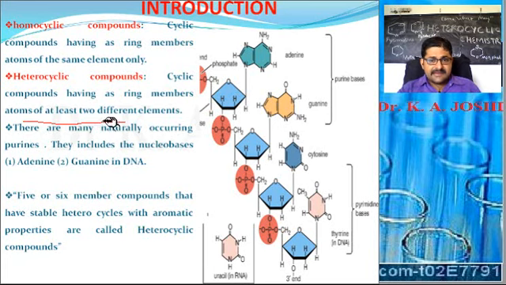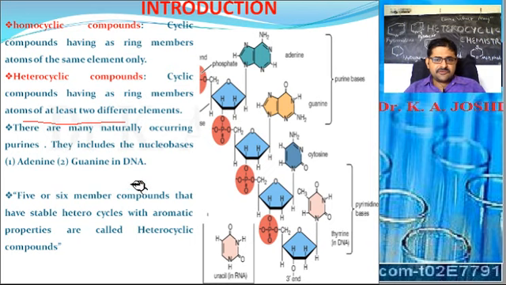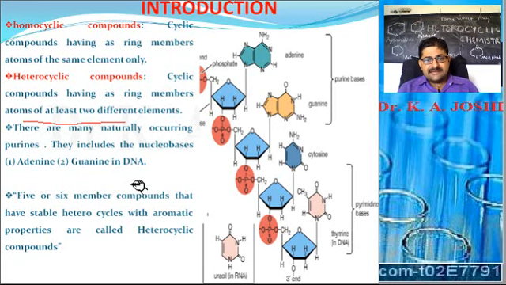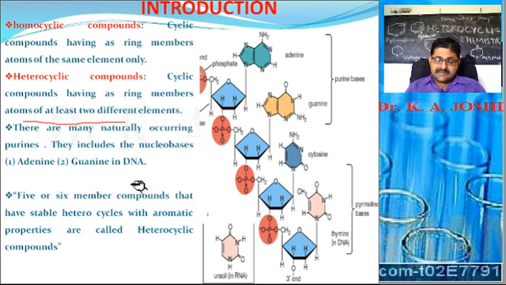There are many naturally occurring purines, including the nucleosides adenine and guanine in DNA. Friends, it's a very important chapter for us because heterocyclic compounds, particularly purines, are used as adenine or guanine in DNA or RNA. You know very well the importance of DNA and RNA in our body.